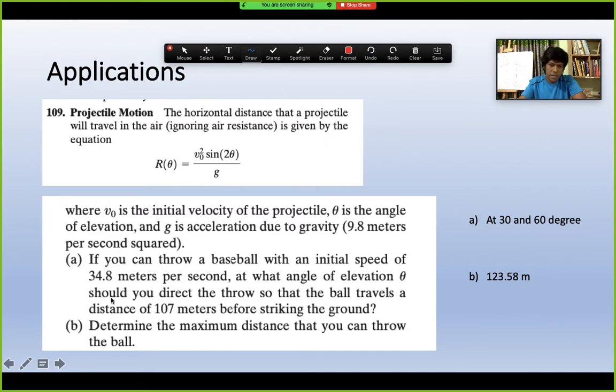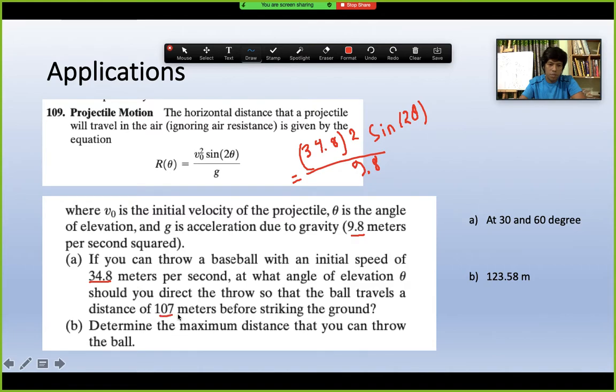So already they said that the velocity is this, so we can put the velocity here. That means 34.8 whole squared, divided by g, which they also gave as 9.8, then sine 2 theta equals R of theta.